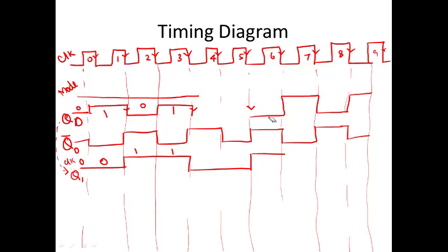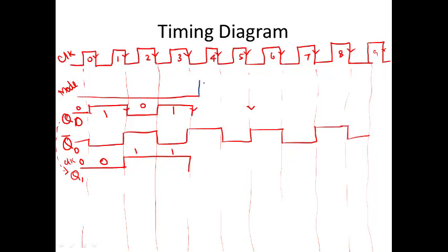So what about your next case, meaning your down counter case? Okay, let us go ahead with that. Let me assume for the next consecutive bits my mode bit is high. So when my mode bit is high, this is my up counter, this is my down counter.